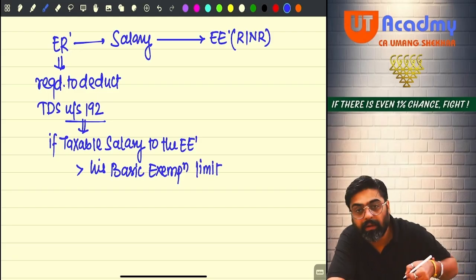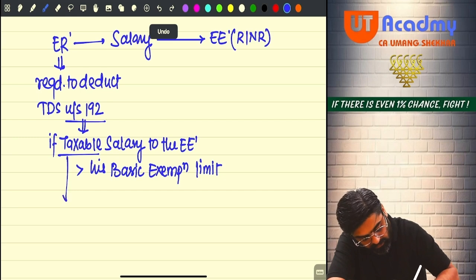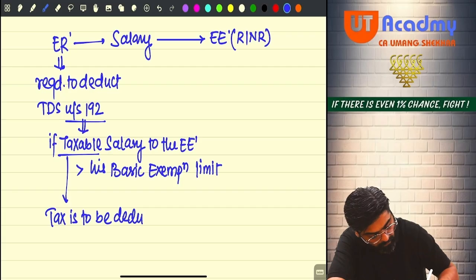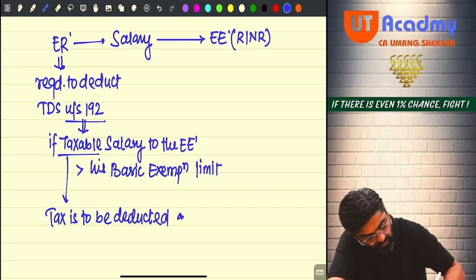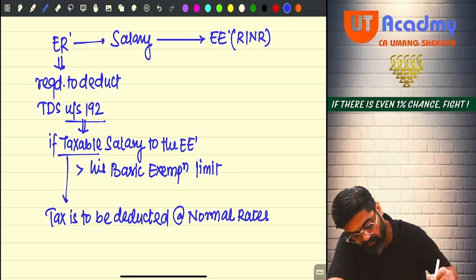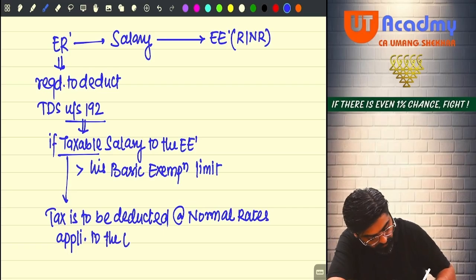Basic exemption limit. Then on the amount of this taxable salary, tax is to be deducted at normal rates which are applicable to the employee.